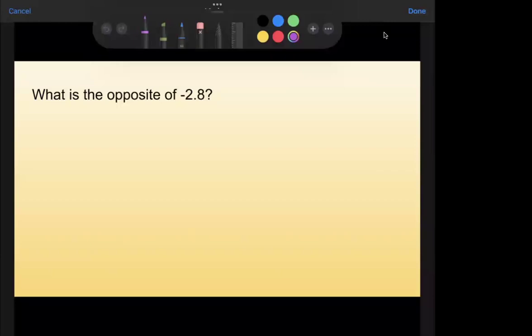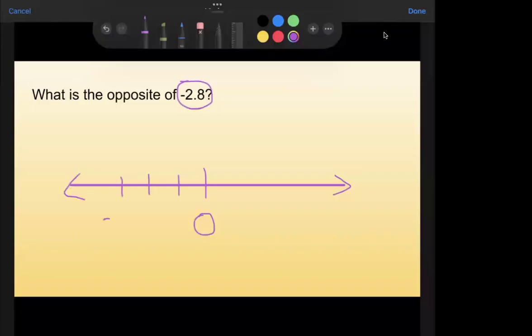So it's kind of the same rule as opposites of integers. If you'll recall, the opposite of an integer is the same distance from zero, but on the opposite side of zero on the number line. So for example, if this is my number line for this one, I've got negative 2.8. So that'd be like 1, 2, 3. Let's say that's negative 3. Negative 2.8 would be somewhere around here.